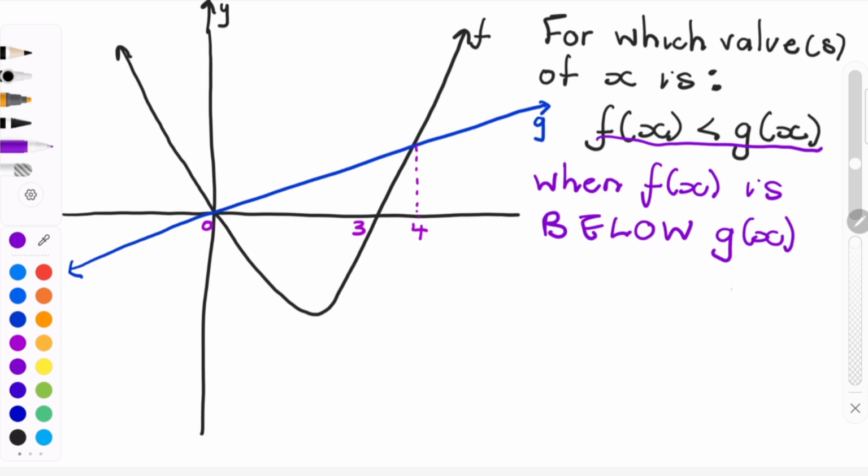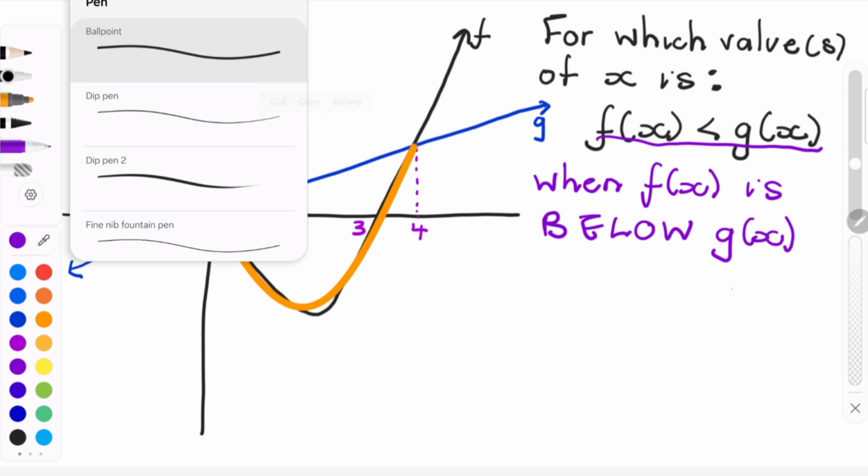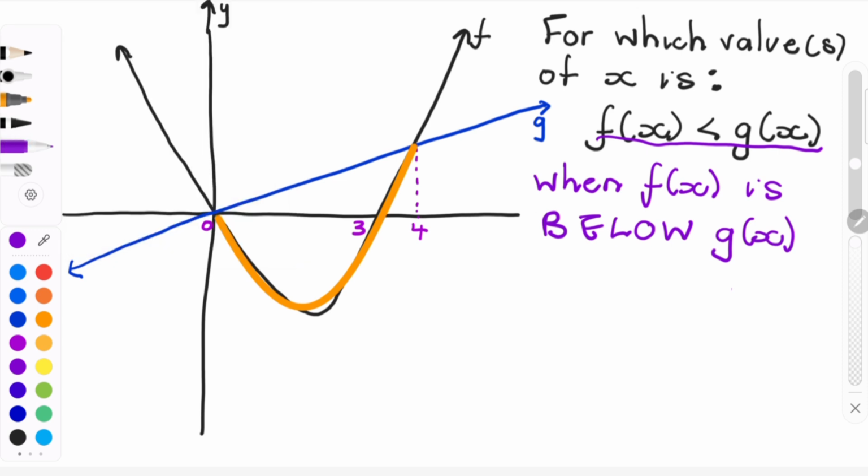So if we take a look at our graphs, we can see that f of x is below g of x in the part which I am highlighting in orange. So that is between 0 and 4. So it is when x is greater than 0 but less than 4. That is where f of x is below g of x.